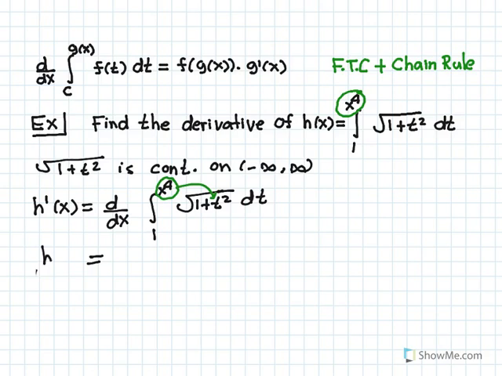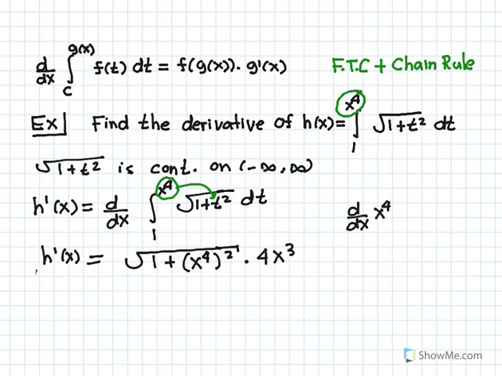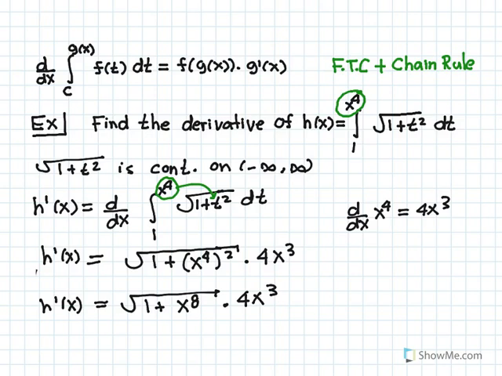So h prime of x is equal to the fourth root of 1 plus x to the fourth squared, multiplied by the derivative of x to the fourth, that is 4x cubed. Using the power rule, d/dx of x to the fourth is 4x cubed. Let's simplify this. h prime of x is equal to the fourth root of 1 plus x to the 8 times 4x cubed. That is the derivative of h of x.